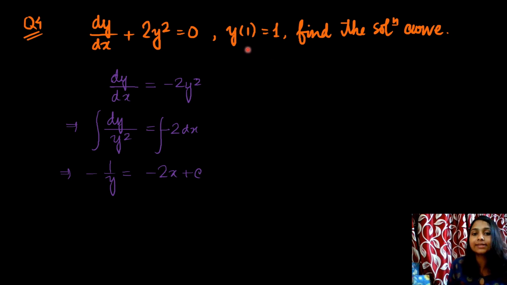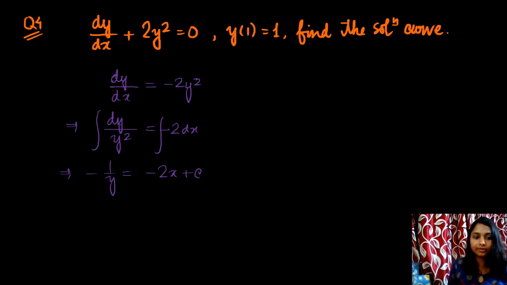Here it is saying that at x equals 1, y equals 1. If we use that condition, we will obtain a particular value of c. So from the one parameter family of curves, we can obtain a particular solution by using this condition.